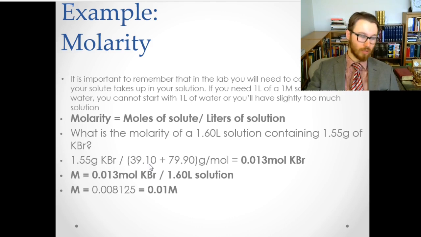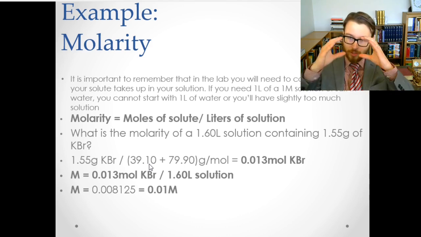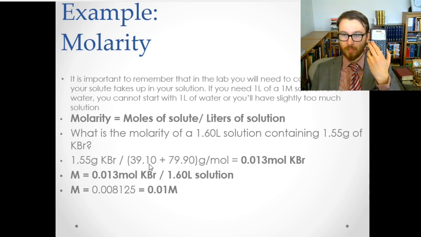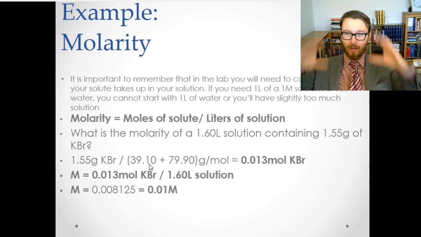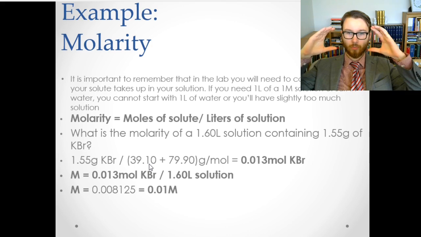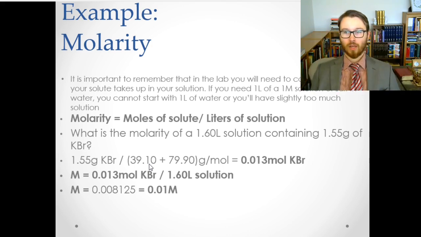K, potassium, is 39.10 grams per mole, and bromine, Br, is 79.90 grams per mole. Well, we add those together, and in your scientific or graphing calculator, you take 1.55 divided by parentheses 39.1 plus 79.9, and you get 0.013 moles of KBr.